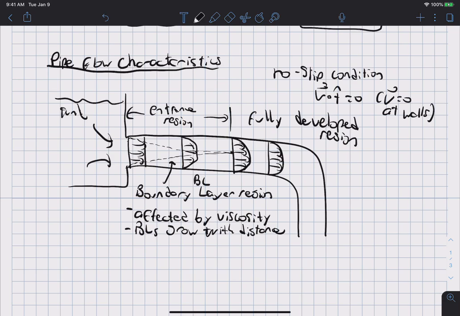Okay, and in the fully developed region, the velocity profile is not a function of x, and I'm defining x as the distance from the tank. Okay, and so in the fully developed region, this velocity profile is not changing as a function of distance down the tube. It is the same.